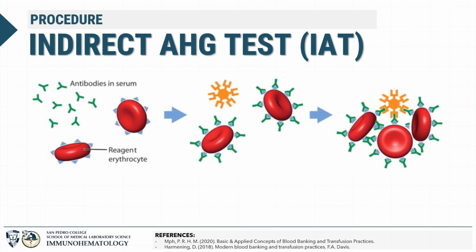For the procedure, first we add patient serum to reagent red cells of known antigen type. Then incubate at 37 degrees Celsius for 30 to 60 minutes to allow antibody-antigen binding. Third, wash the cells 3 to 4 times with saline to remove unbound serum proteins.